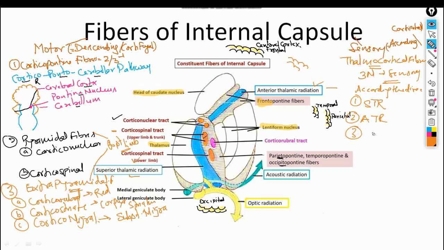Then the acoustic radiation passes inferior to the lentiform nucleus through the sublentiform part of the internal capsule, and the optic radiation goes through the retrolentiform part of the internal capsule.